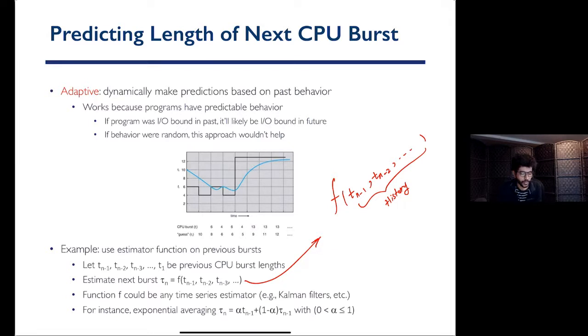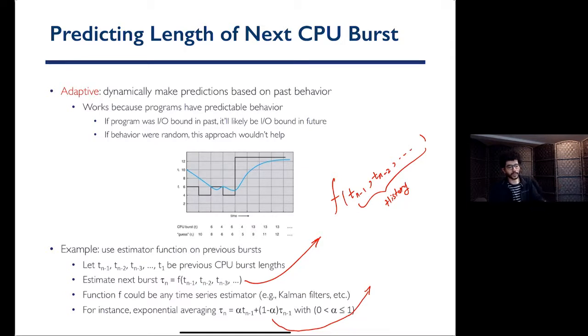One of the most common functions, you could use a neural network here, right, to get previous data and then make a prediction. You can have time series analysis. You can do all sorts of crazy stuff here, right?